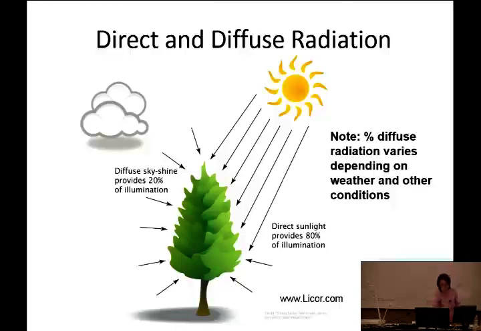The sunlight is basically everywhere from the sun, and the light deflected by particles somewhere in the sky is the diffuse light. So a cloudy day is basically 100% diffuse light.